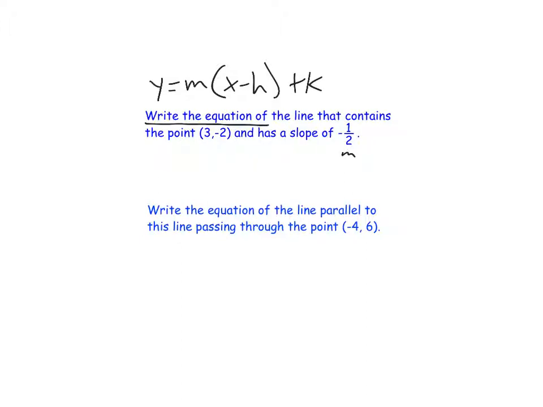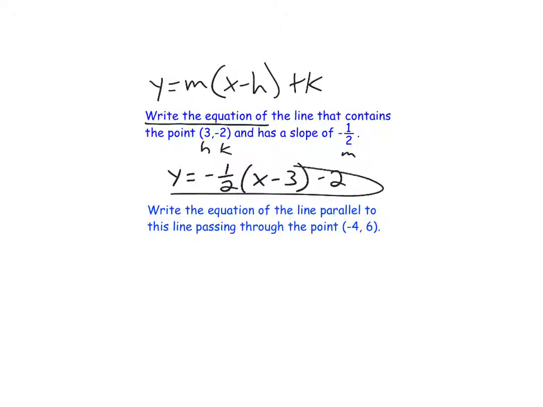So here's my slope, here's my h, here's my k. I plug them in. So it's y equals the slope, x minus the h value, the x value of the point. That's going to be 3. And then the k is the y value of the point, -2. I am done. That's my answer.